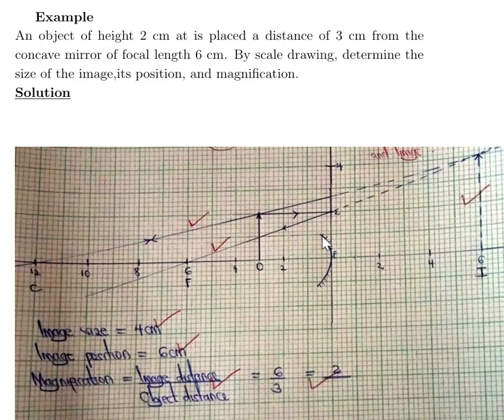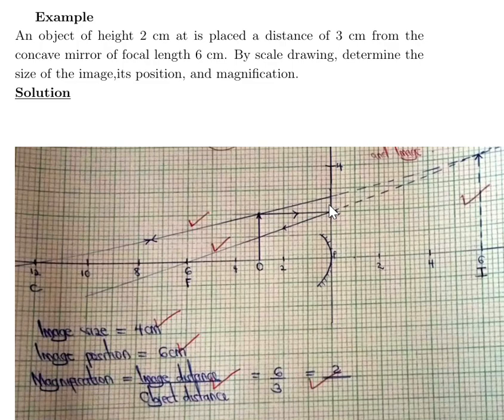So this is my concave mirror, indicating the concave mirror, and here we have the pole of the mirror. My object is positioned 3 centimeters from the mirror, and it is of height 2 centimeters. So that is my object there.